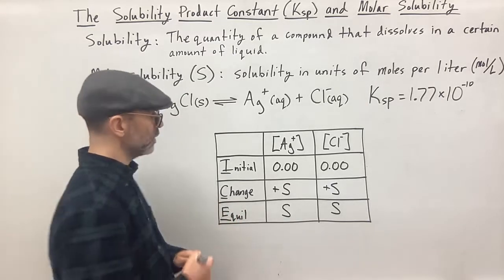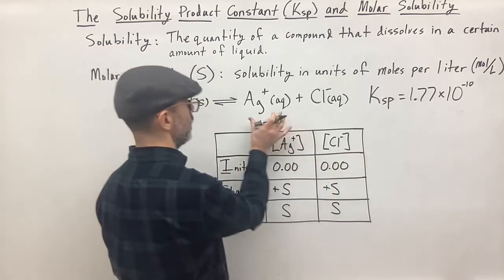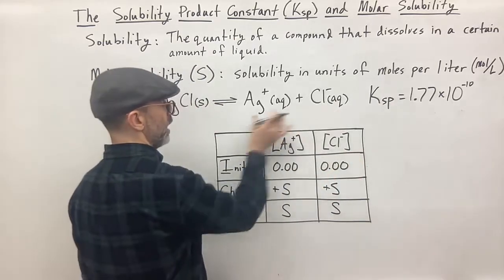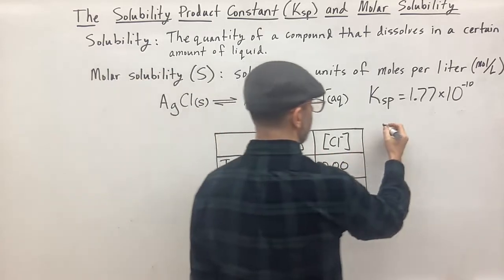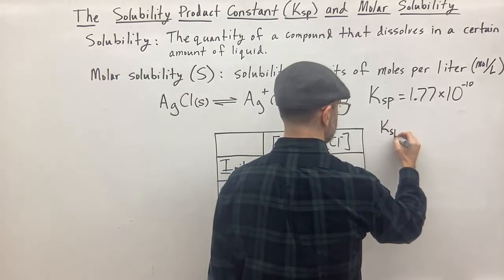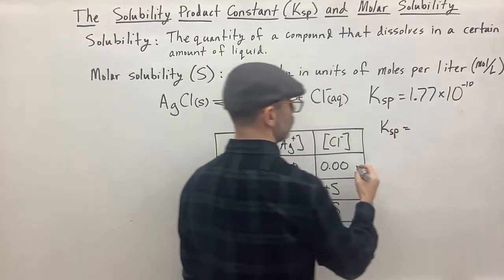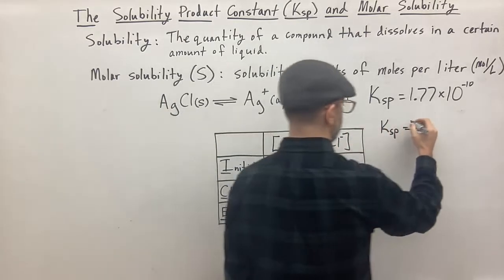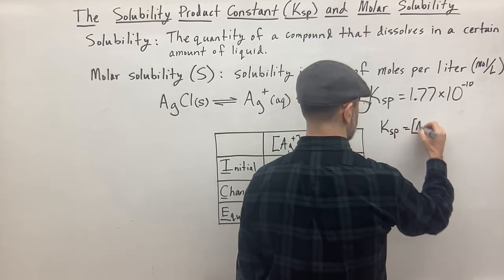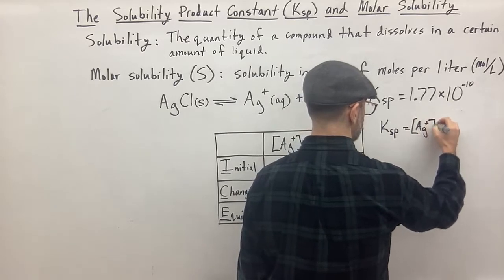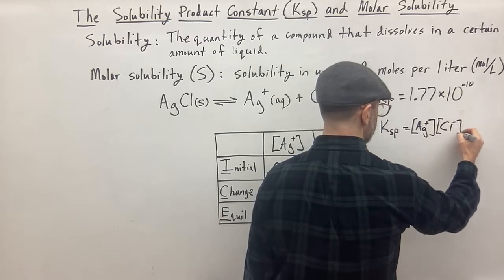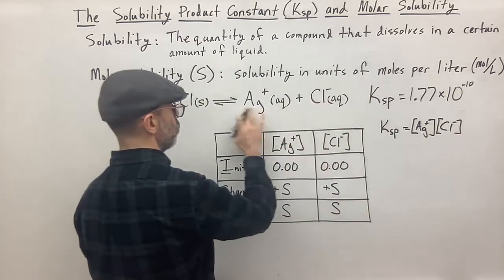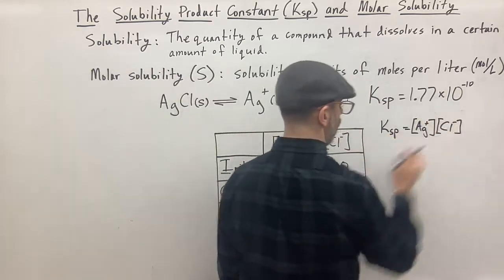So remember, in this case, since we have just these and there's no coefficients, or the coefficient is 1, then the Ksp expression is going to be equal to the concentration of Ag plus multiplied by the concentration of Cl minus. And again, the coefficients are 1, so the powers are 1.